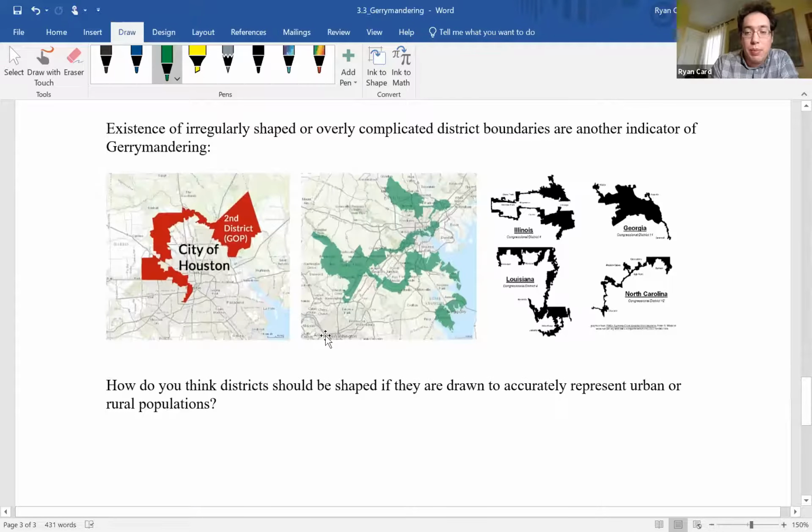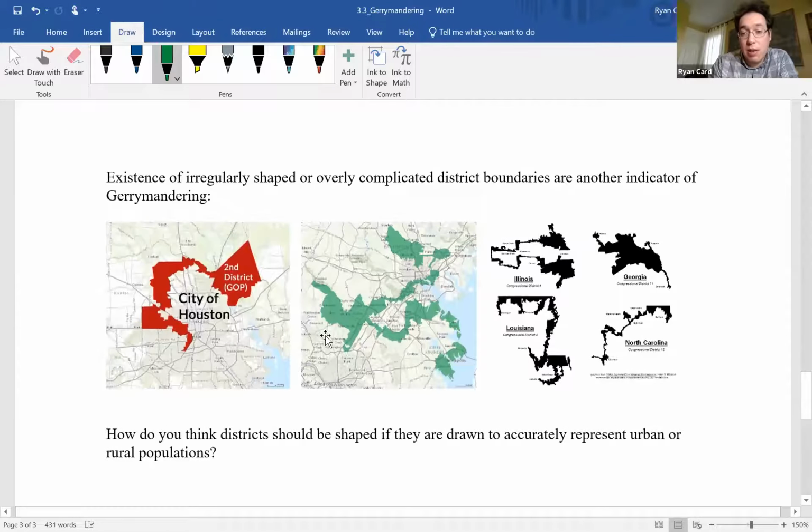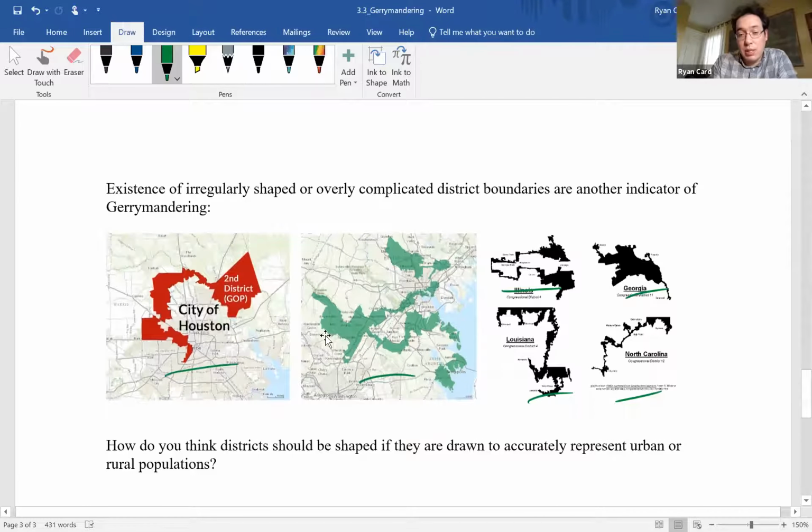Okay. All right. And I kind of want to leave you with an open question. So these are pictures of actual boundaries that are used today that are gerrymandered. So it's not just for one party. Both parties do it.